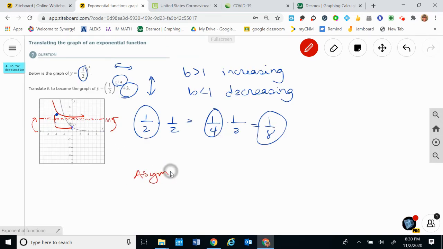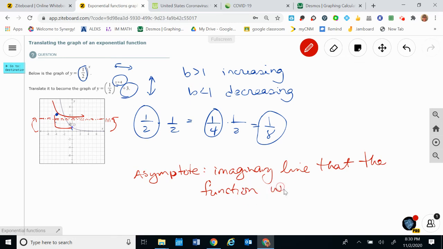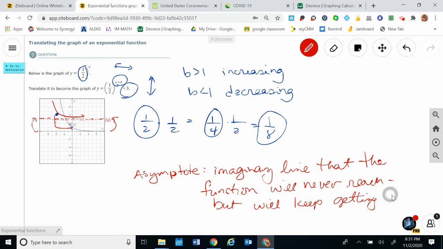An asymptote is basically an imaginary line that the function will never reach, but will keep getting closer and closer. So you can approach an asymptote, but you'll never touch an asymptote.